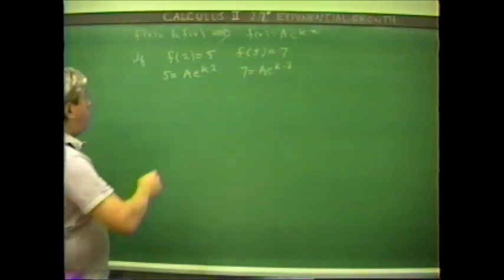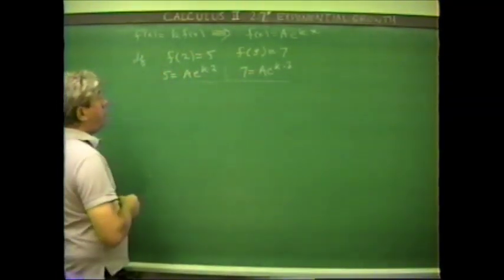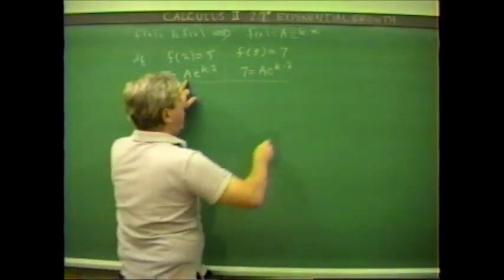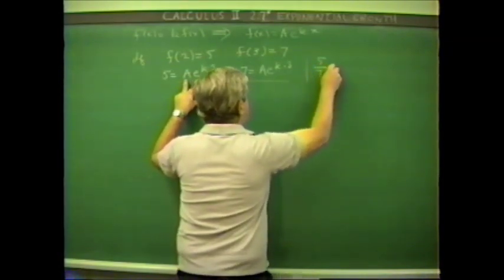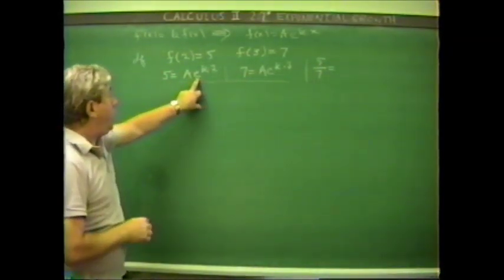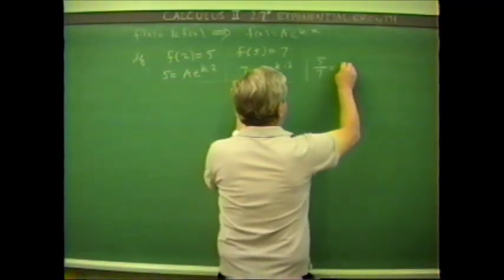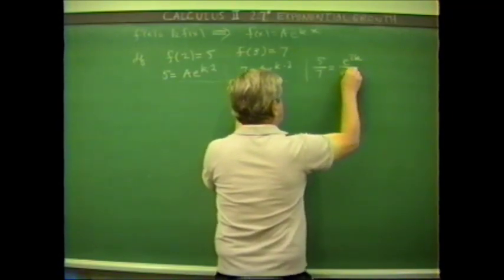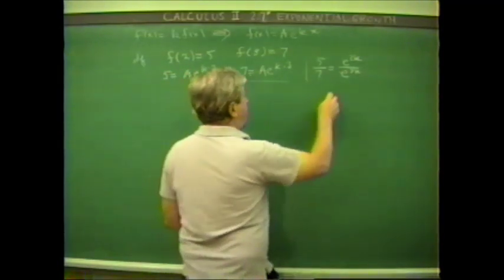Now if we take these two equations and divide one by the other, we will get rid of the quantity a, so that we have 5 over 7 is equal to e to the 2k divided by e to the 3k. That's to say, this is e to the minus k.